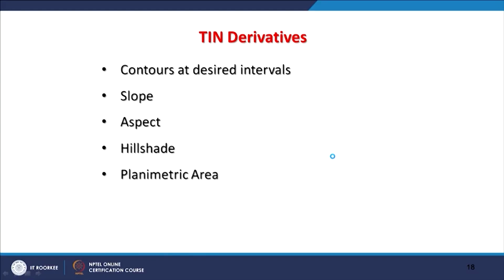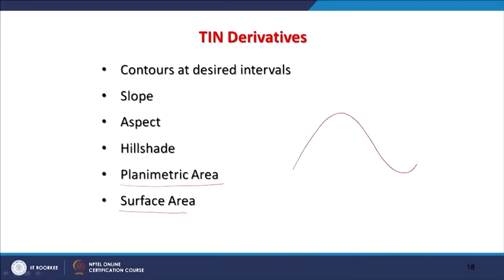And planimetric area is very important while calculating area in the case of terrain. There are two types of areas, planimetric area and surface area. Surface area for a hilly terrain is always more than planimetric area, because surface area is measured along the slope, whereas planimetric area is measured only in the 2D plane.